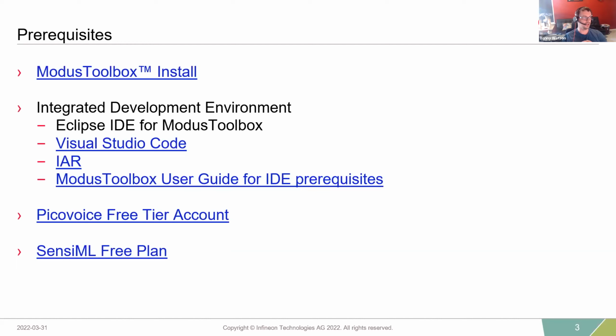We have support for multitudes of IDEs. And it's assumed that you will either use the Eclipse IDE that we provide or one of the other supporting IDEs like Visual Studio Code, IAR. There is a user guide as well that can tell you how to use these IDEs. And it's also assumed as well that you have a Picovoice free tier account or a SensiML free plan account as well.